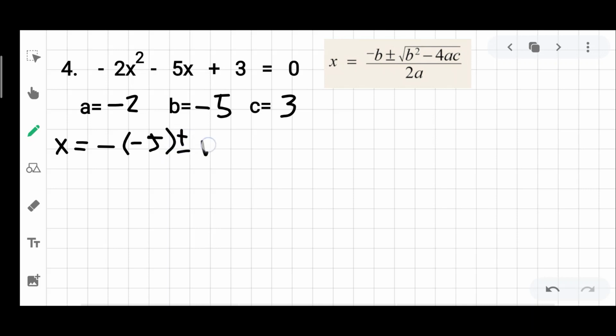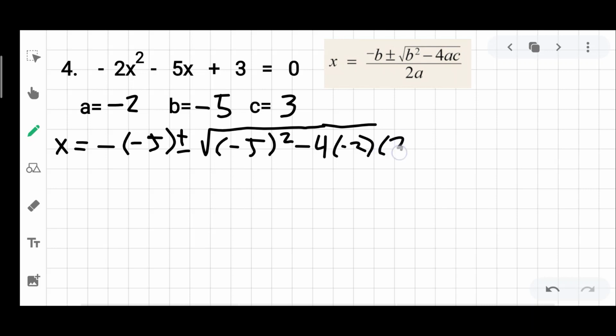Plus or minus square root of b squared, which is negative 5 squared minus 4. Yung a natin is negative 2 times negative 4ac, which is 3, then all over 2a.